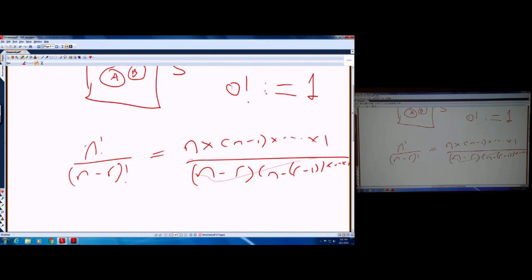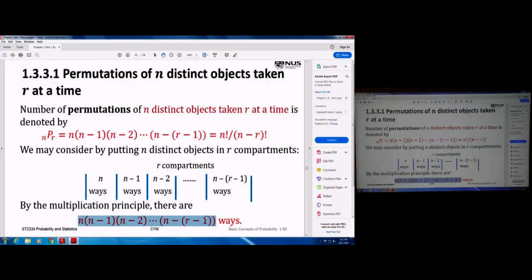The numerator is n times n minus 1 times dot dot dot times 1, that's n factorial. The denominator is n minus r times n minus r minus 1 times dot dot dot times 1. Don't forget that r is at most n, so if you cancel the common terms between the numerator and the denominator, that will precisely give you the formula which we write here, which is n times n minus 1 times dot dot dot times n minus r plus 1.